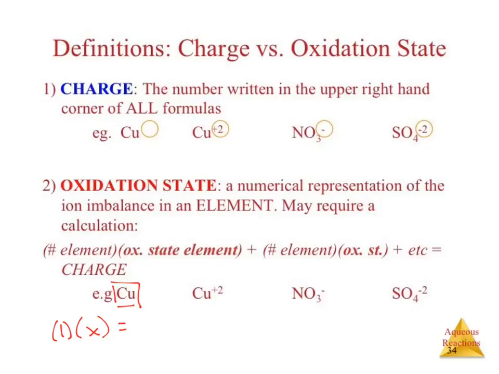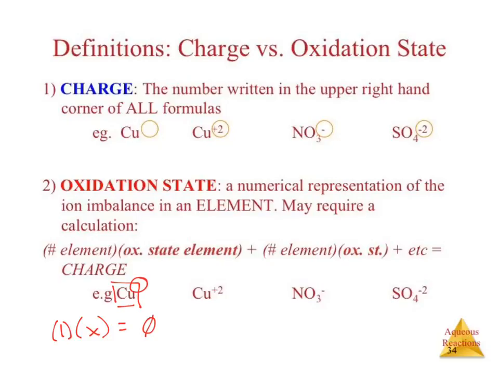The charge. What is the charge on that molecule? 0, and we know that because in the upper right-hand corner, nothing was written. Solve for X. What does X equal? 0. So that first rule that we had, anything in its elemental state is 0. Why? Because of that last rule.